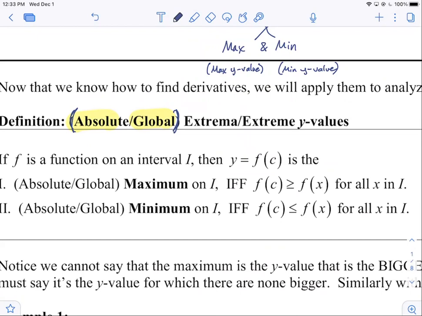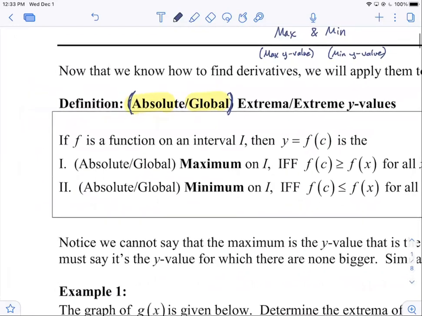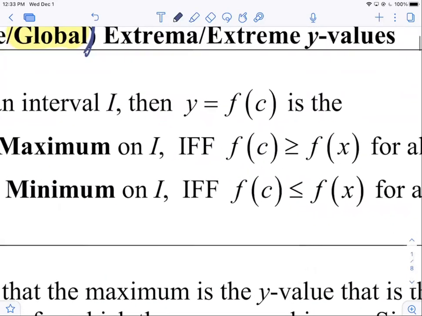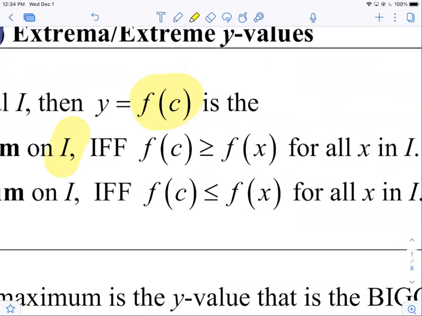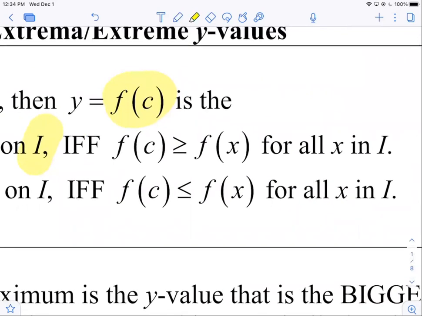All right. So what does it mean to be a maximum y value on an interval? Well, that's the first one. It says that we have a y value that's a maximum on an interval I. And we'll talk about different intervals throughout this section. It can be either open, closed, or half open, half closed. The y value is f of c. That y value, f of c, is the maximum on the interval if and only if, that's the IFF, that y value, f of c, is greater than or equal to all the other y values, f of x, on the interval.